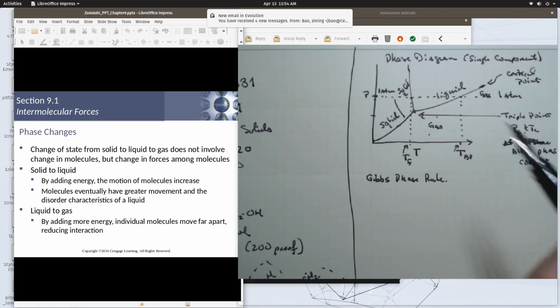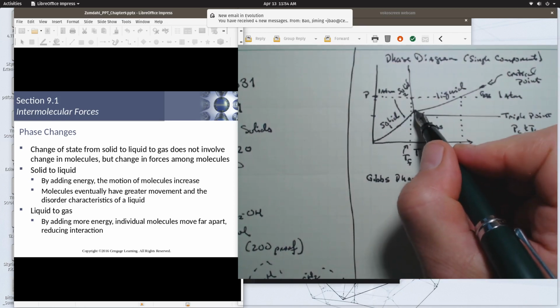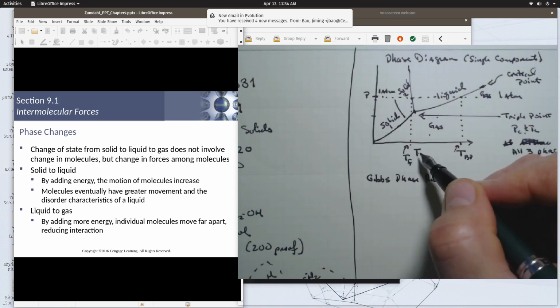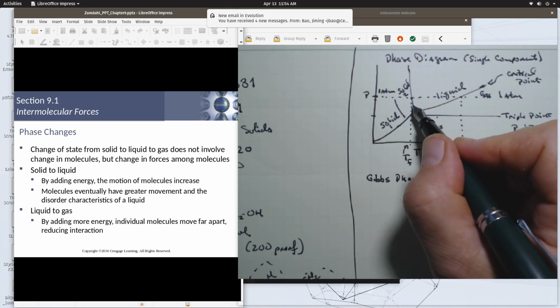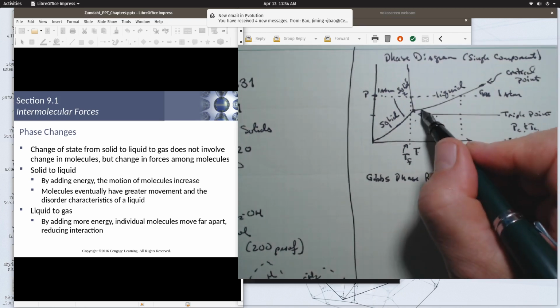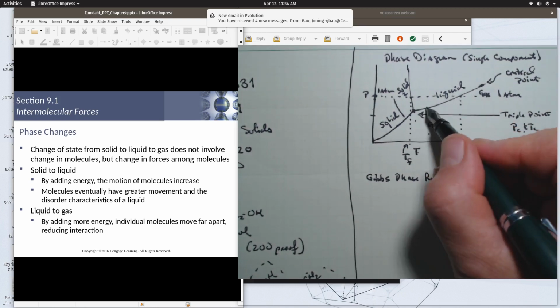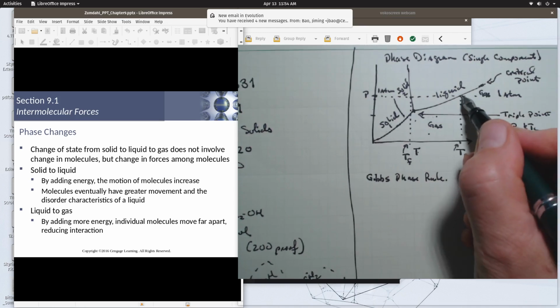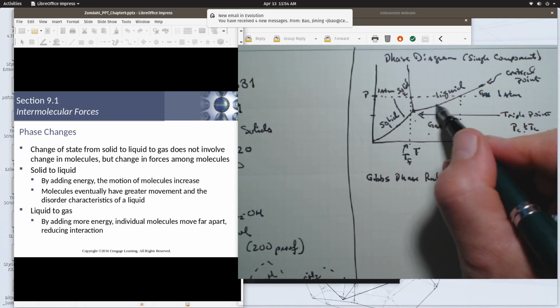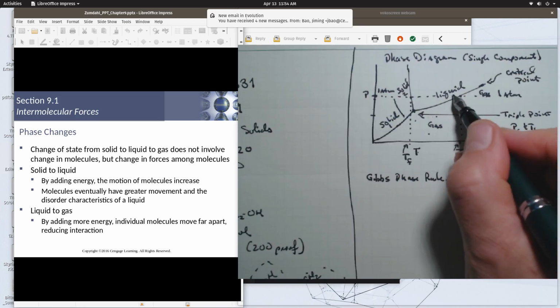When I get to this triple point, I don't have that freedom anymore. I have pressure and temperature both defined because I have 3 phases in coexistence. And likewise along here, I have pressure and temperature constrained to follow that curve because I have 2 phases that are in equilibrium.